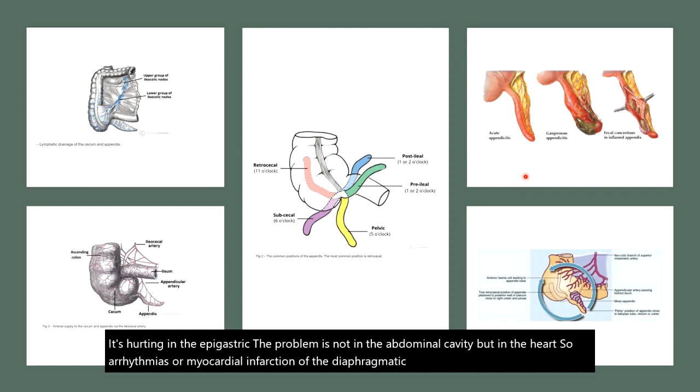As you see here, the appendix is very well supplied by blood. The ileocecal artery is the one that's going to give the branch of the appendicular artery, and also the appendix is surrounded by the lower and upper groups of lymph nodes called ileocolic nodes.